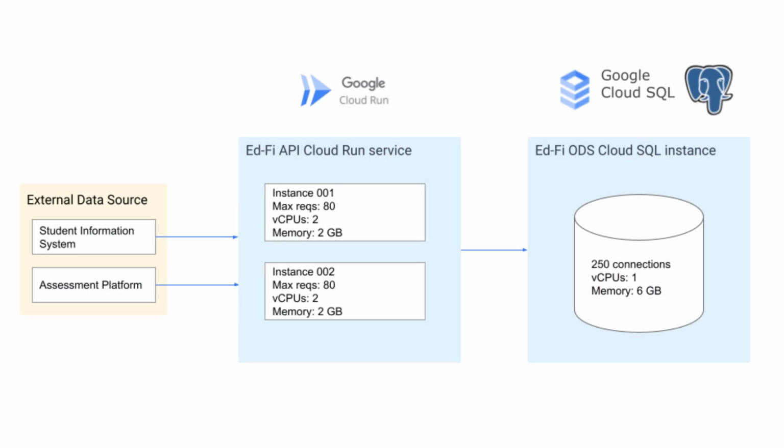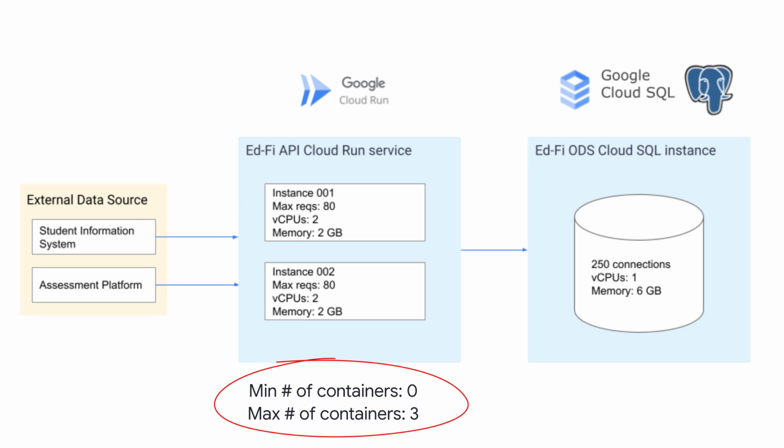Let's look at a diagram to start to picture how all of this works. So here on the left side, we have our EdTech vendors that are sending data to our ODS through the API. And we have our EdFi API implemented via Cloud Run. So we have a Cloud Run service that has a minimum number of containers of 0, so it can auto-scale and doesn't charge us for anything, and a maximum of only 3.